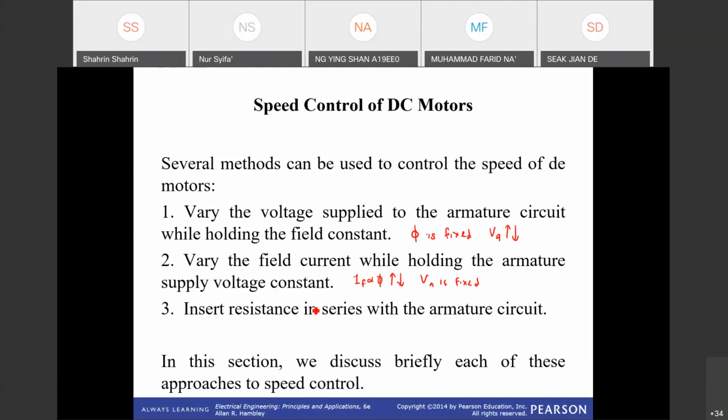The last method is by inserting a resistance in series with the armature circuit. You just include the external resistance in series with the armature circuit. So these are the three methods on how we can control the speed of the motor.